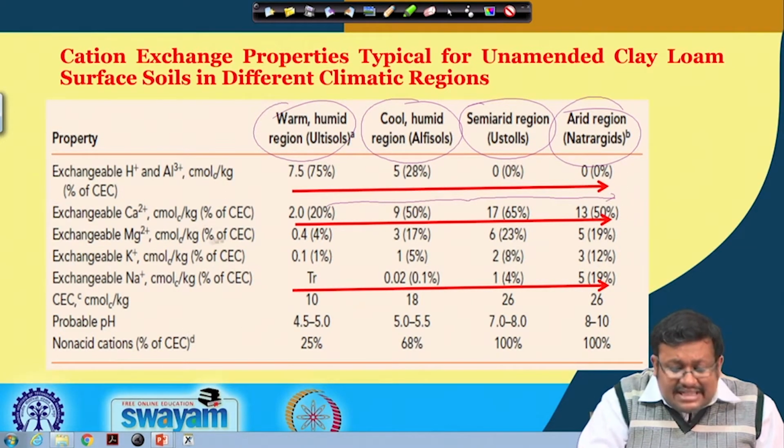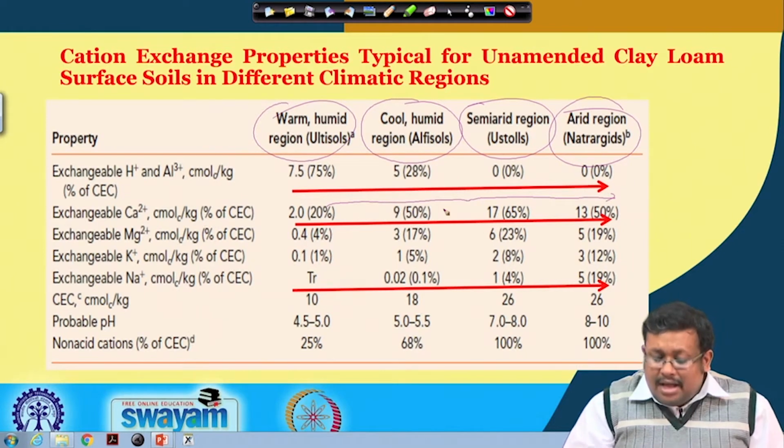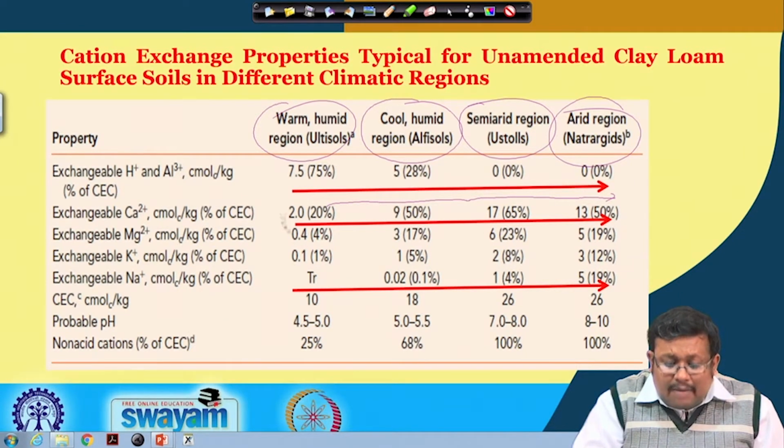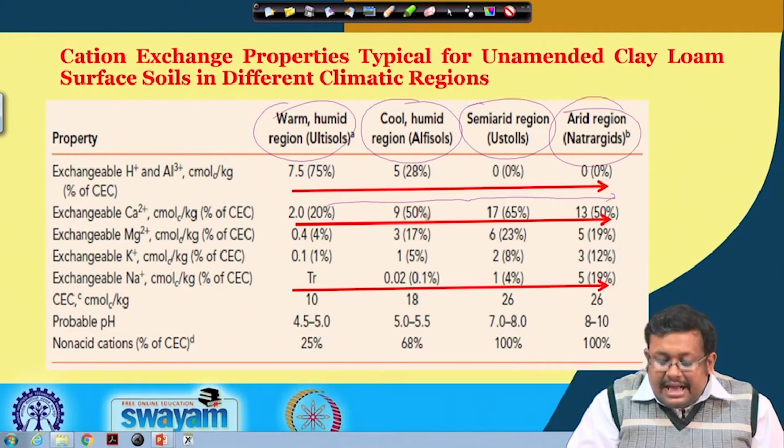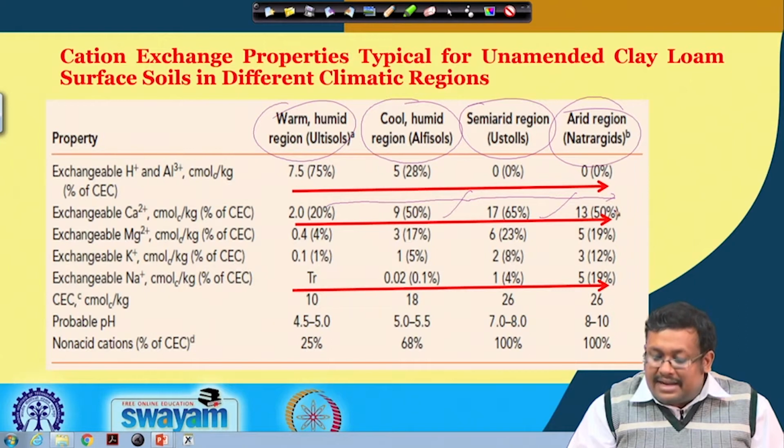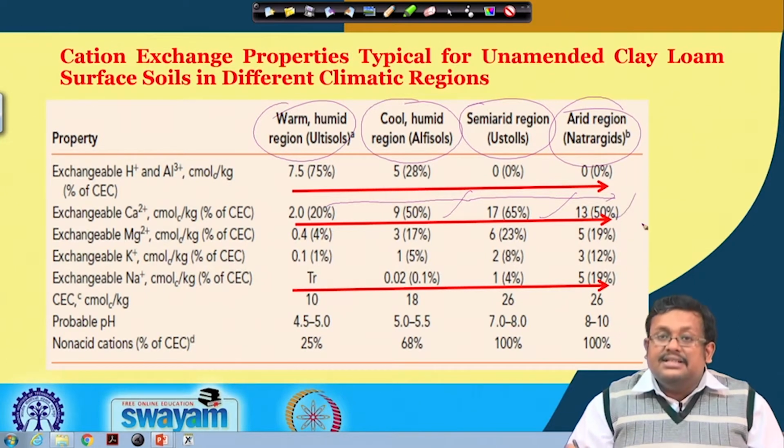And exchangeable calcium will show the reverse trend. You get 2% in the warm and humid region, however we are getting 9% in cool and humid region. It is increasing to 17% in semi-arid region and 13% in the arid region.